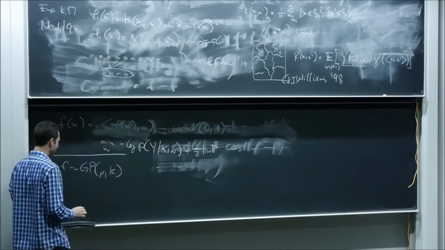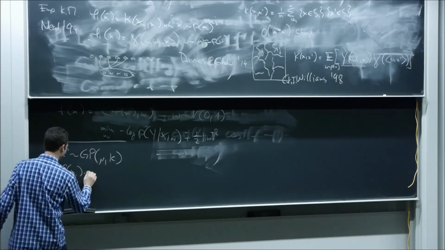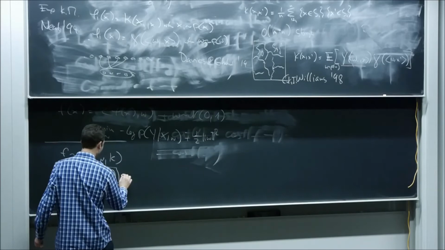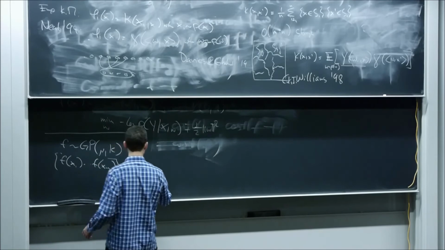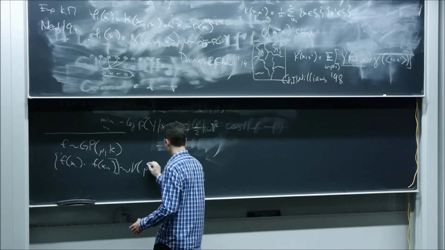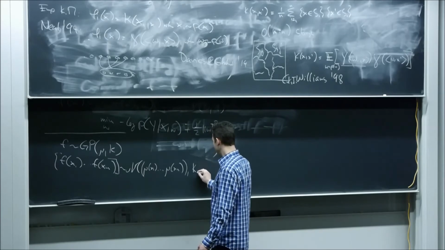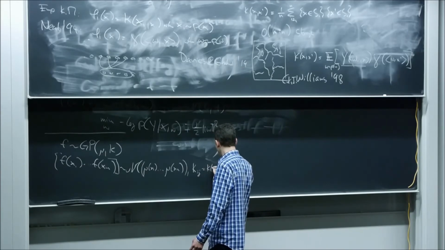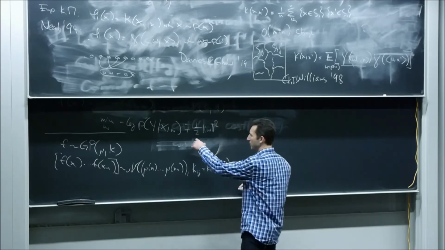What this means in practice is that the point evaluation, f of x1 up to f of xn, is drawn from a Gaussian with mean mu of x1 through mu of xn, and a covariance matrix k, where k_ij is just k of xi and xj. That's how you define a Gaussian process.